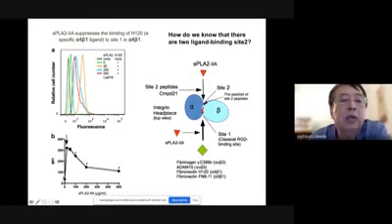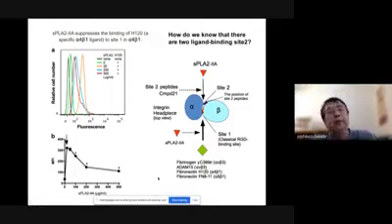We simply increased the amount of PLA2 added to the flow cytometry assay. What happens is that with a low dose, integrin activation goes up, and then at some point it goes down again. Why does this happen? This is evidence that there are two binding sites.